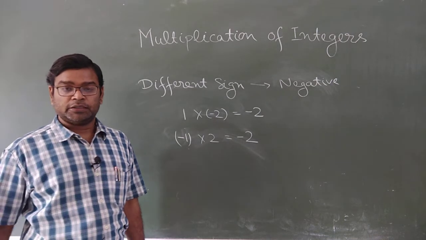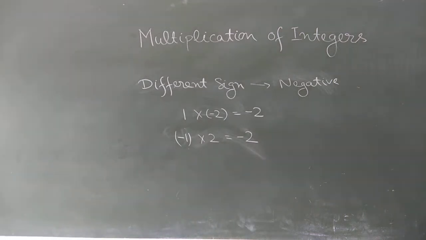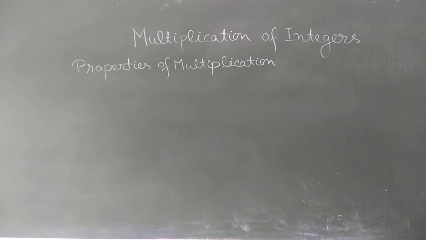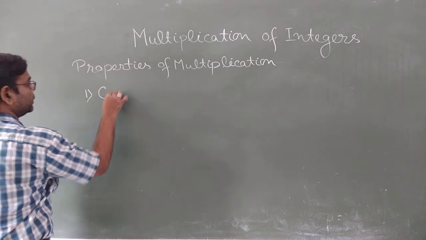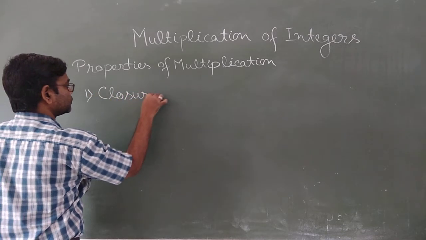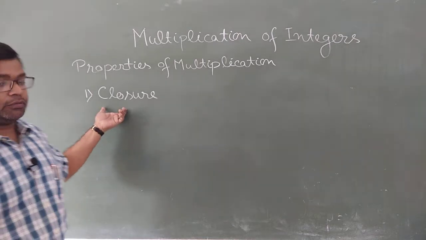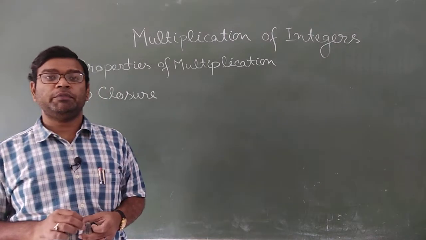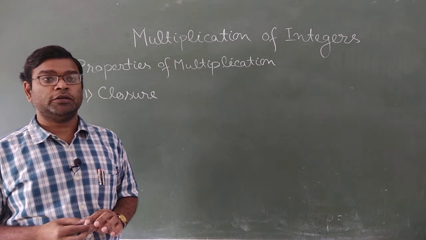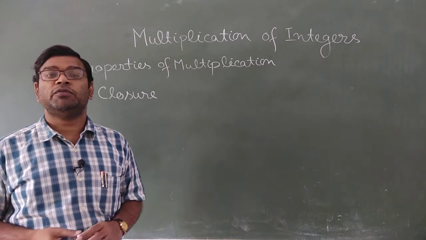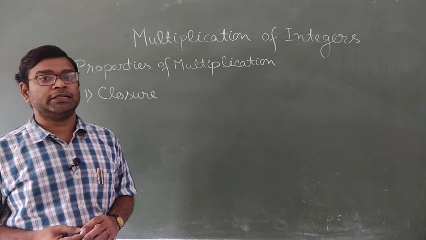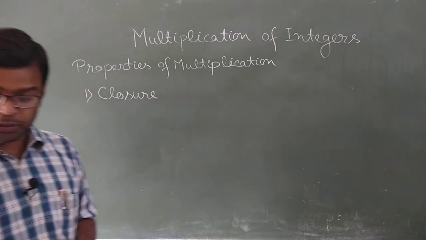Now, some other important properties, as you are observing on board, are the properties of multiplication. The very first property is the closure property. What is the meaning of this property? If we multiply two integers together, we also receive an integer as a result.